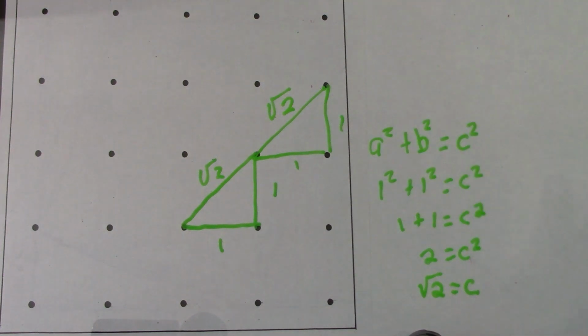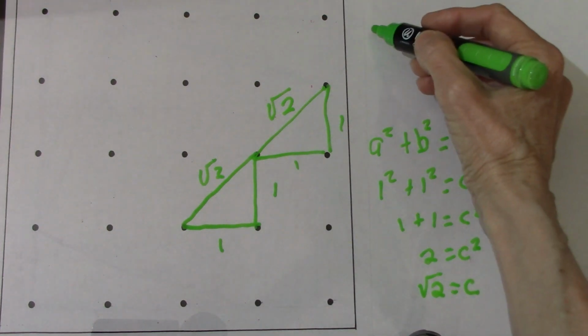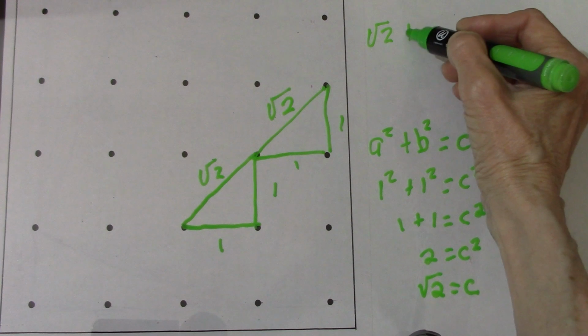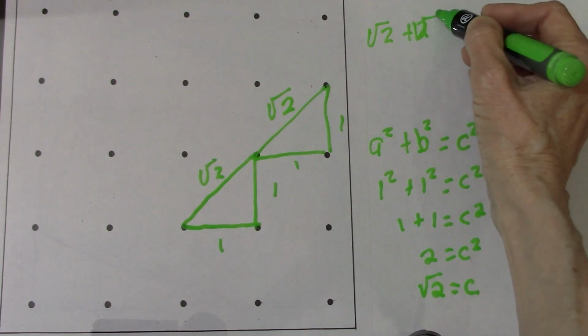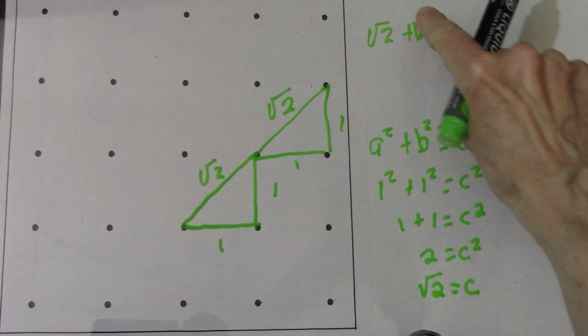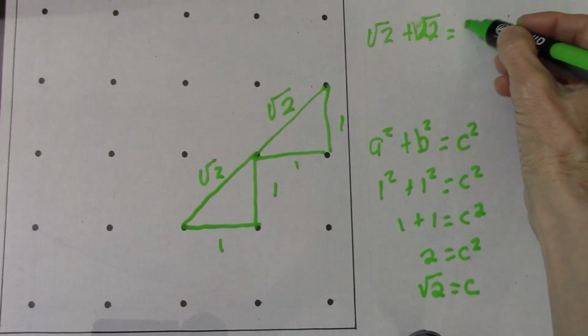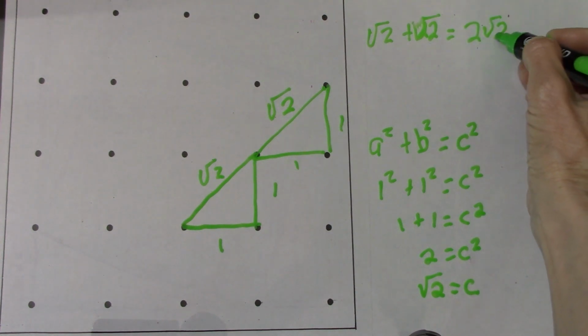And the question is, can we add them together? Is the square root of 2 plus the square root of 2 equal to 2 square roots of 2?